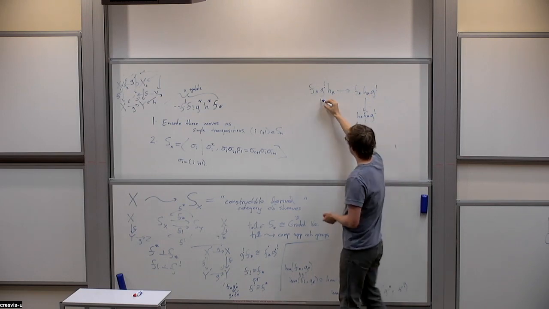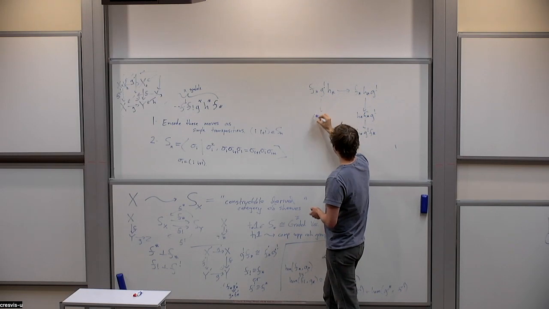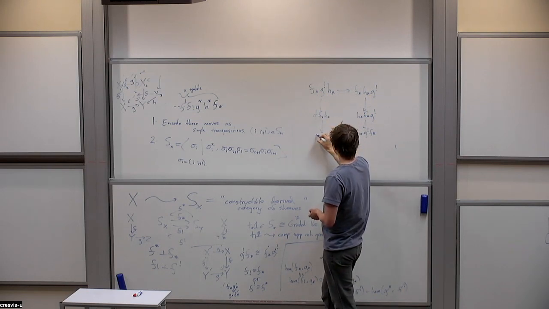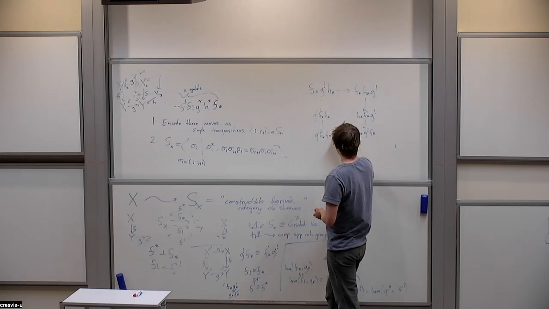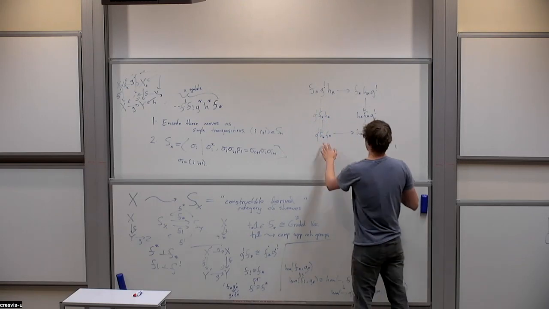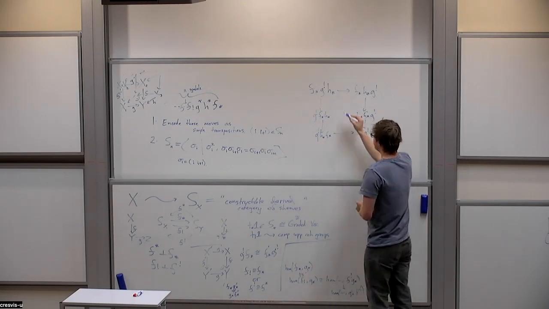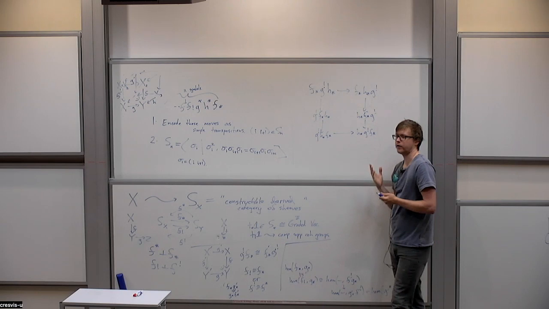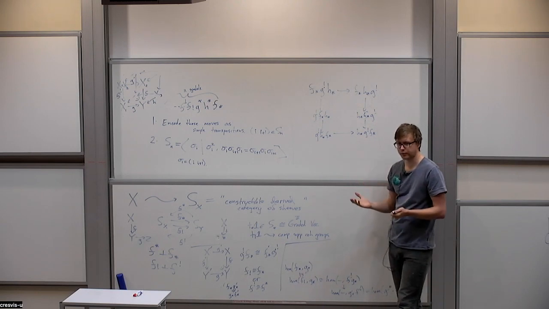We could do that, or we could do it in the other order. And then finally switch those two. And so we see that this is a potentially non-trivial coherent statement that these braid relations hold.